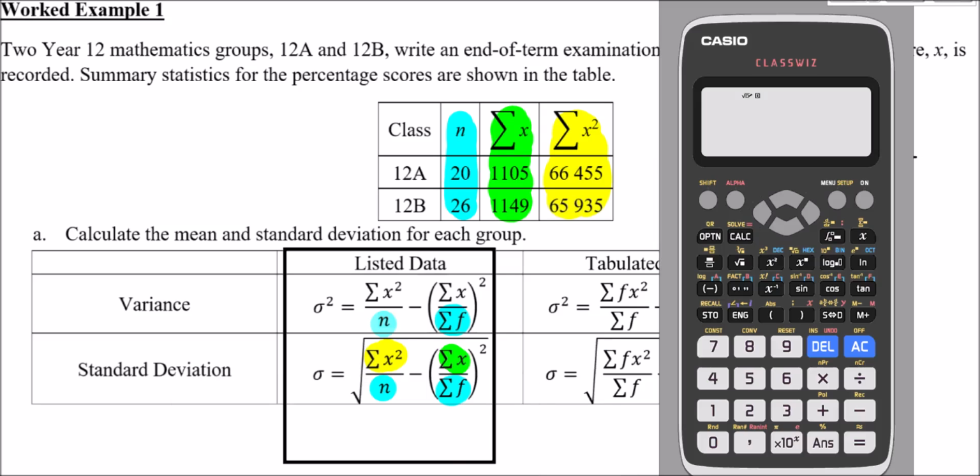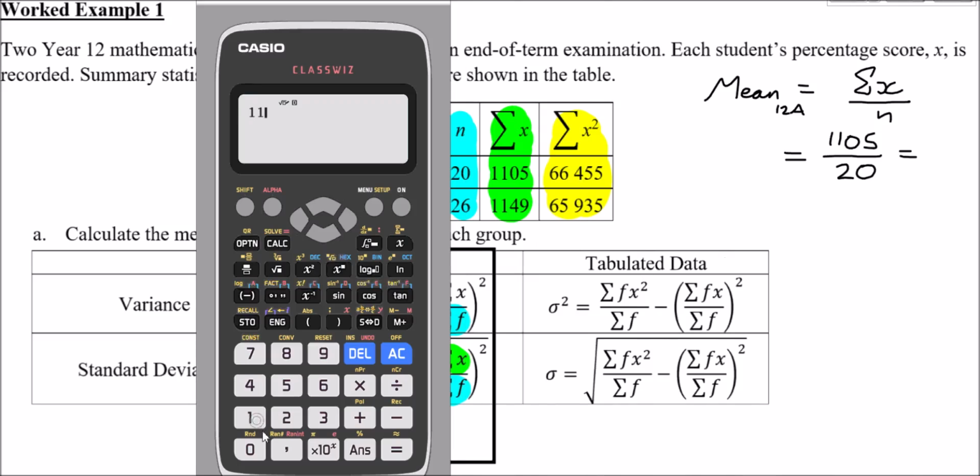And that'll give us an estimate of the mean for 12A. So 1105 divided by 20 is 55.25 minutes. Round it to 3 sig figs, or suppose you could leave it like this because it's not a very long awkward decimal. Either way, I'm going to give it to 1 decimal place or 3 sig figs: 55.3 minutes.